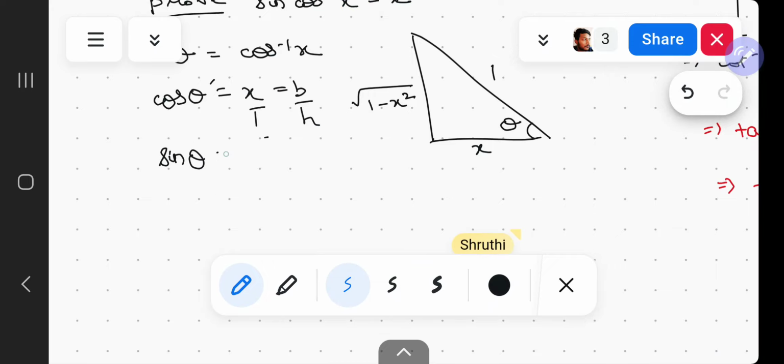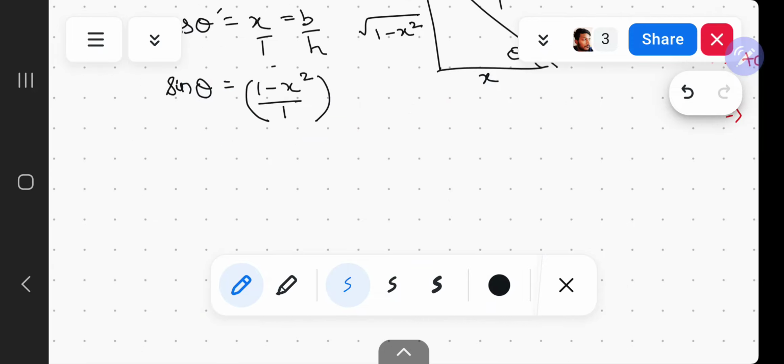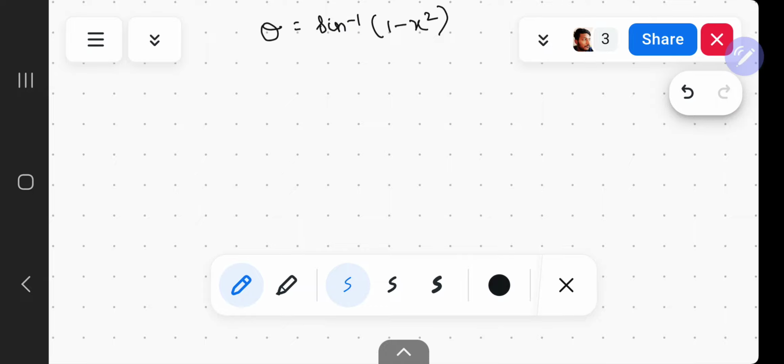So sine theta will be equal to under root of 1 minus x square over 1. So that's the perpendicular over hypotenuse. So theta is equal to sine inverse of under root of 1 minus x square. Now we'll substitute this value in the given equation on the left hand side. So it will become sine of sine inverse of under root of 1 minus x square.